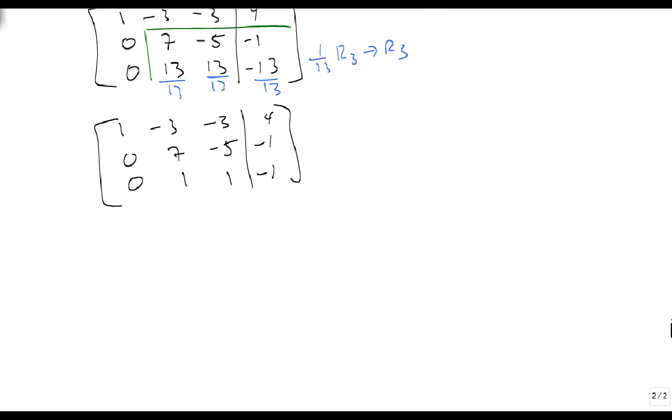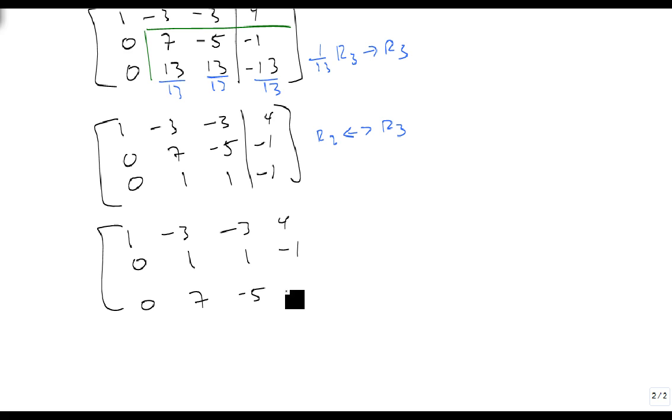Now we're making some progress. We still need to get a 1 right here. So we're going to take row 2 and swap it with row 3. That gives me 1, minus 3, minus 3, 4; 0, 1, 1, minus 1; and 0, 7, minus 5, minus 1, and we get our augmented matrix.